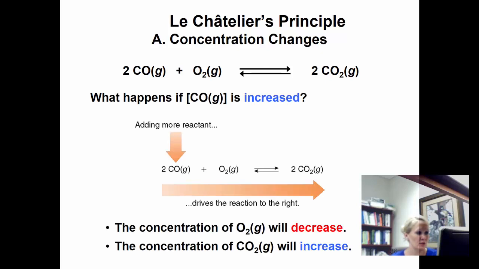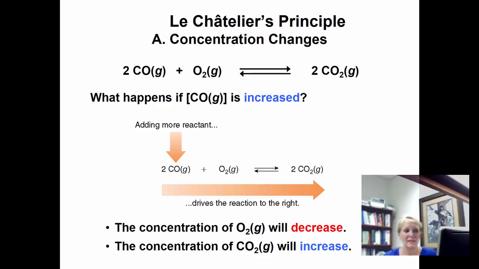Alright, here's our reaction. What happens if we increase concentration on one side of the arrow? If we increase concentration on one side, the reaction is going to shift to the other side, to try to balance it out. Therefore, the reaction shifts to the other side.